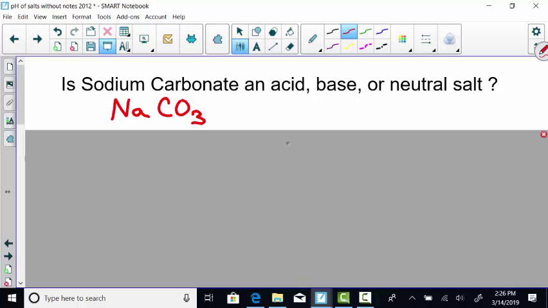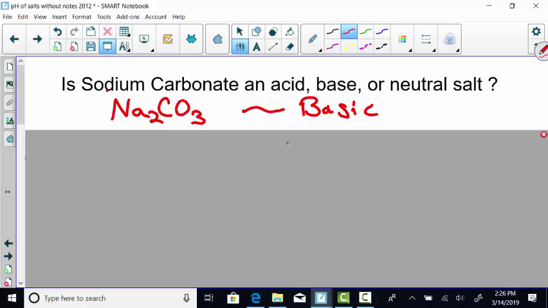But if you put sodium carbonate, I'm sorry, it should be Na2Cl3. If you put sodium carbonate into water, even though it doesn't look like an acid or a base, this compound actually falls into the basic range, and it has properties of bases.